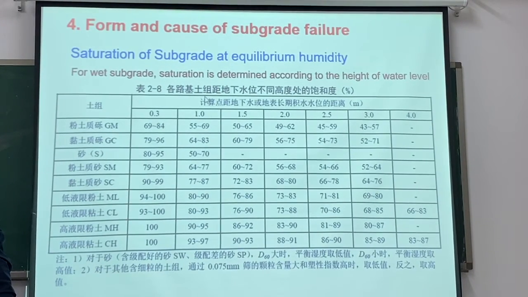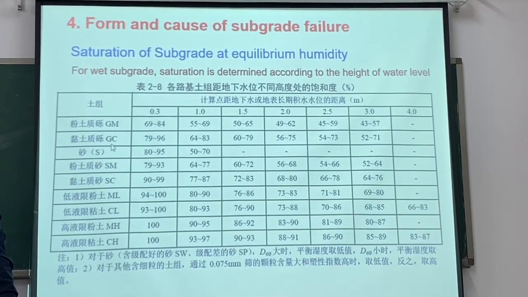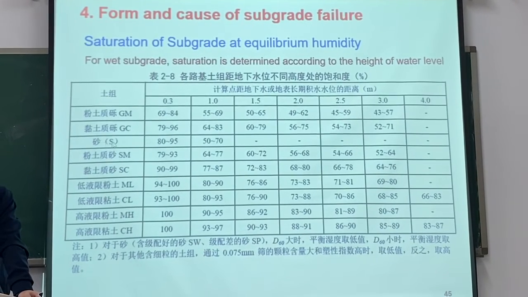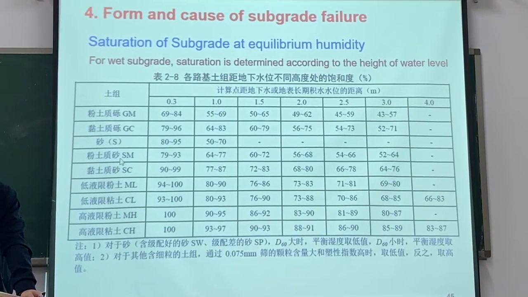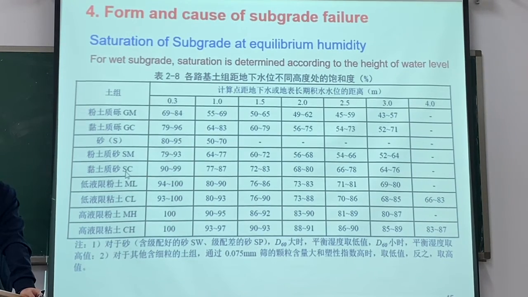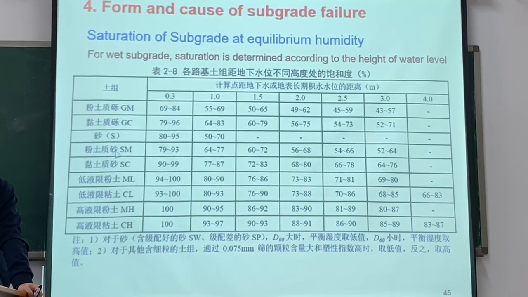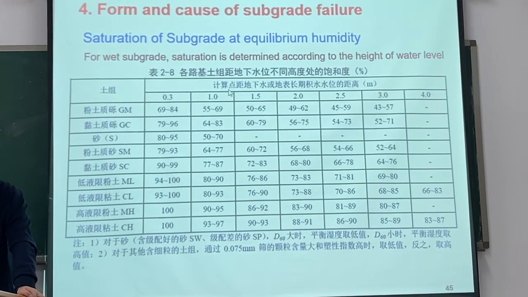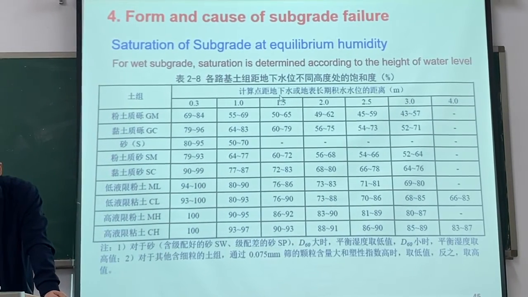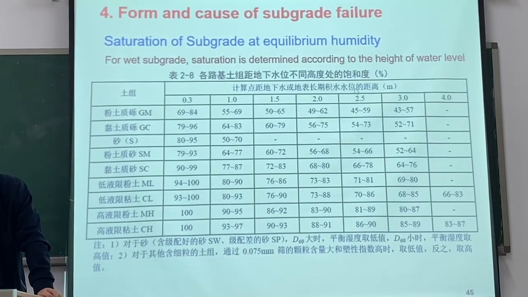Now, from this table, we can know that for different groups of soil, GM, GC, silt, sand and silt, silty sand, silt and sand and clay, and other different groups of soil, we should know how to calculate from the groundwater depth and the accumulated ponding depth.